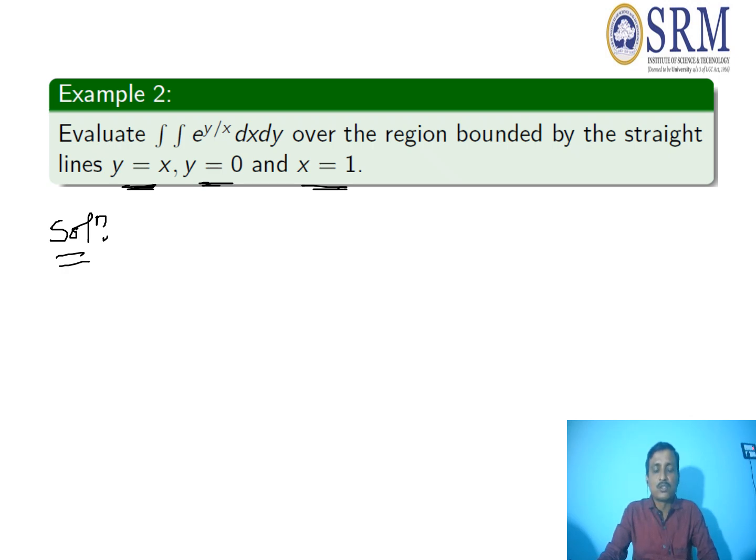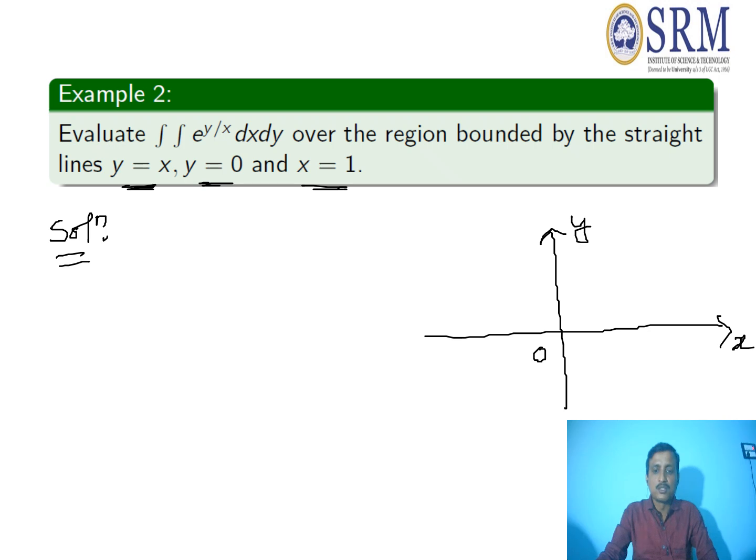As I told you, what is your first aim? You draw the graph. It is given in the Cartesian form, so we are going to draw a graph in the xy coordinates. Try to draw the graph very nicely; anyhow, it is for understanding only. So y is equal to x is a well-known straight line.